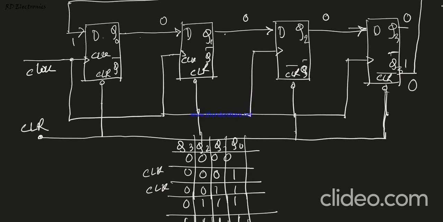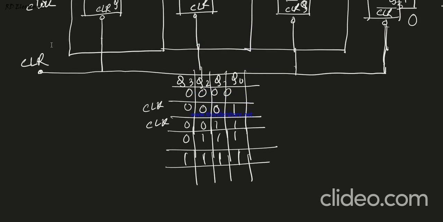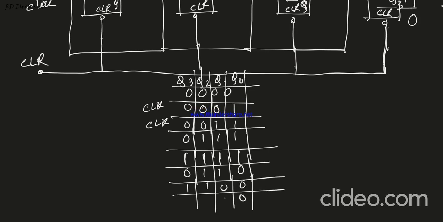If we apply the clock again, this bit becomes 0, and this step repeats until all bits equal 0.